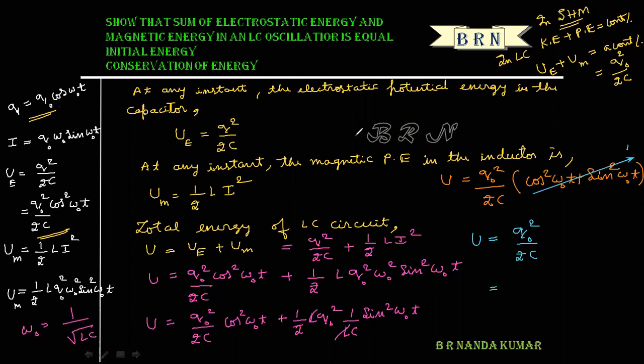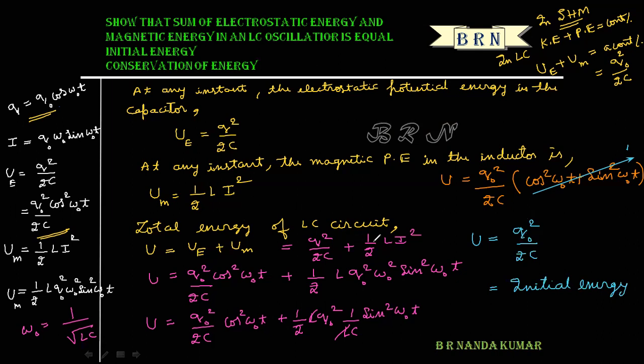Okay, the sum of electrostatic potential energy and magnetic potential energy at any instant of time is equal to the initial energy. This is about the conservation of energy in LC oscillations.